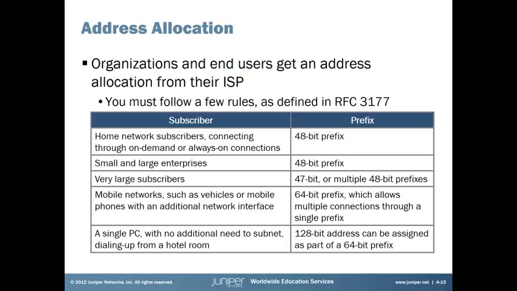The difficulty occurs if we change ISPs, because our new ISP will give us a different 48-bit prefix. So then we've got to go and rename all of the PCs, or all of the routers, or everything with a static address. Basically, we've got to go and reassign numbers to anything with a static address.